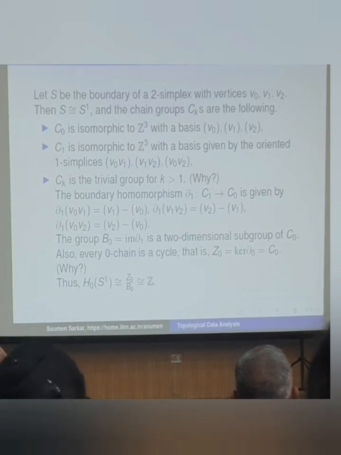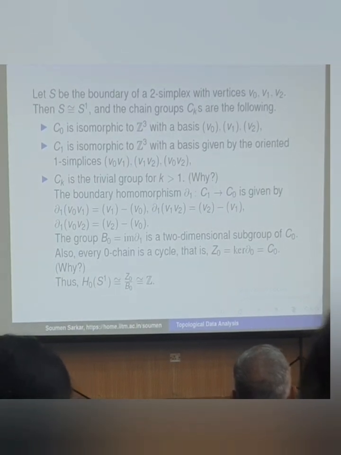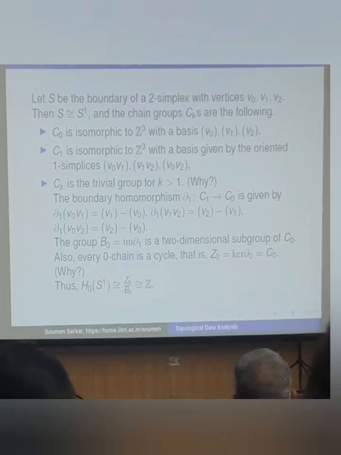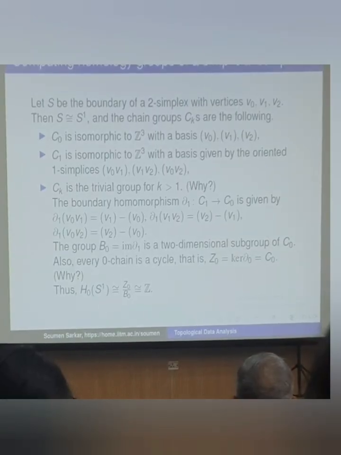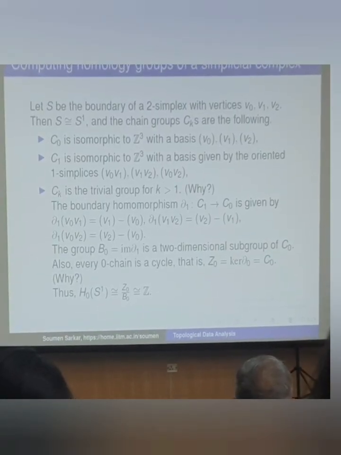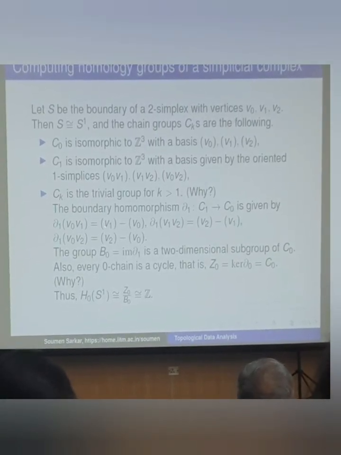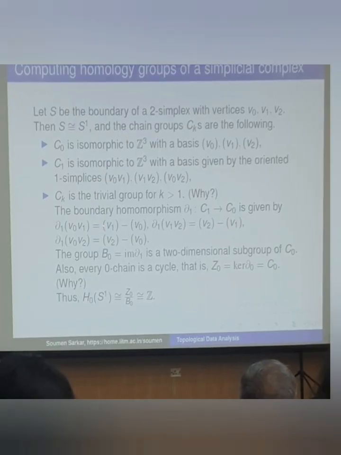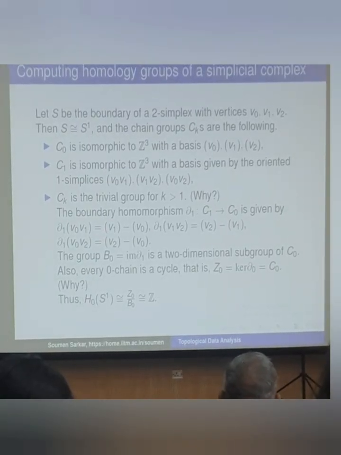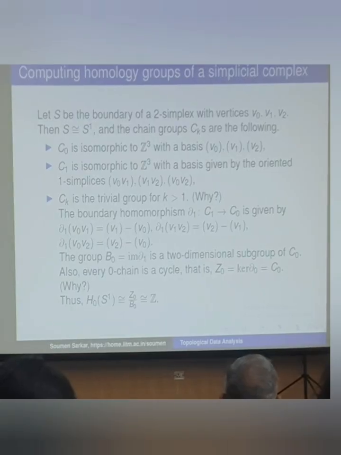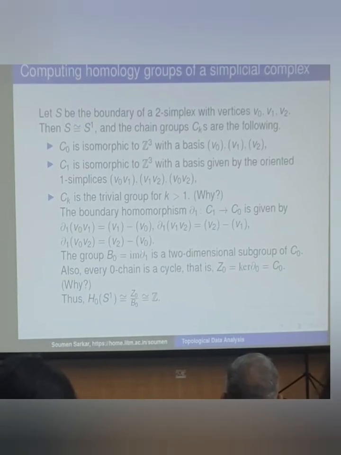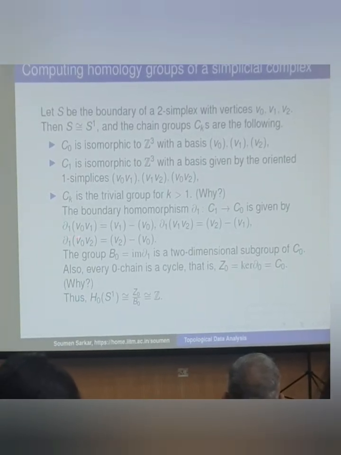If we take this plus, then the composition will not be 0. Some other coefficient, if we put some other coefficient also, like 2V1 minus V0, then also the calculation will say it is not 0. So that is the if and only if condition to have the composition of this boundary map be 0.